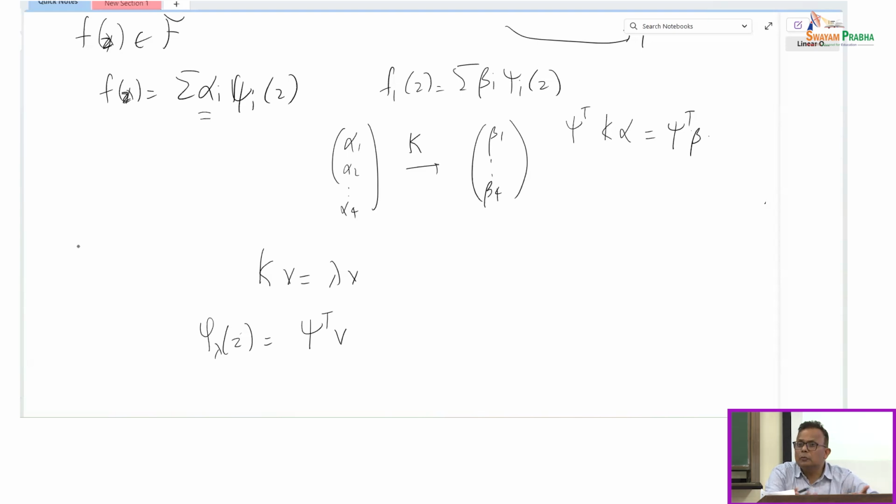So you see, the original system was two-dimensional nonlinear. I ended up with a four-dimensional Koopman matrix. Now, I'm maybe going a little ahead of myself.